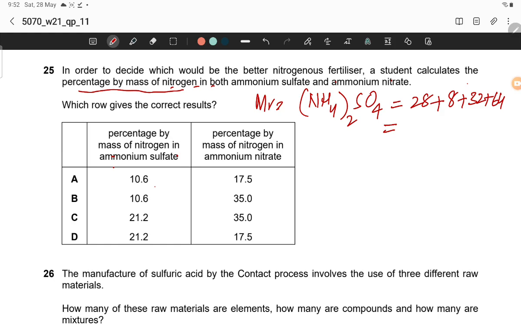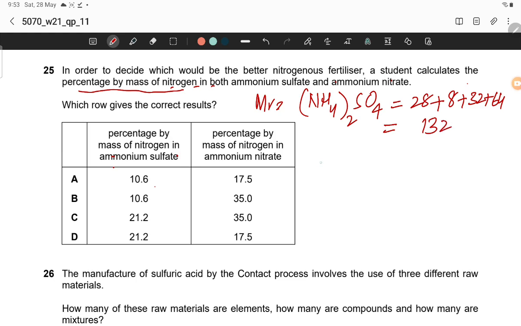It is equal to 28 plus 8 plus 32 plus 64. This is equal to 132.